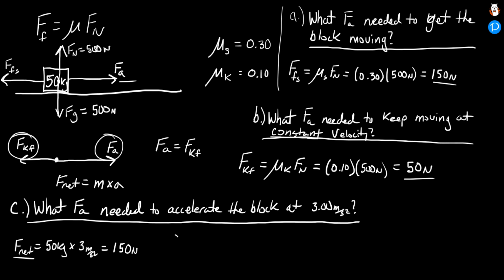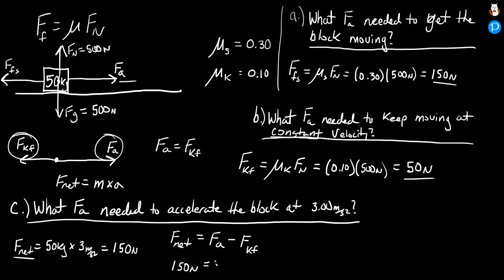So really what I need to think about is that the net force in this scenario is going to be equal to F_A minus the force of kinetic friction. Subtracting this from this, whatever I'm left over with is the net force. Well, the net force we know is 150 newtons. That's what I need to be left over with.